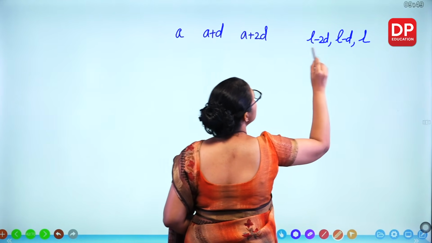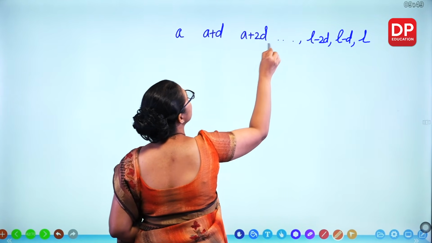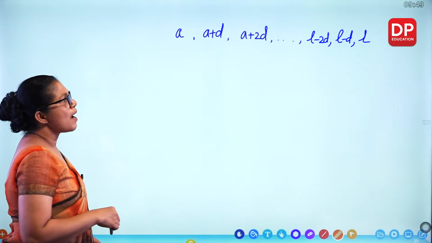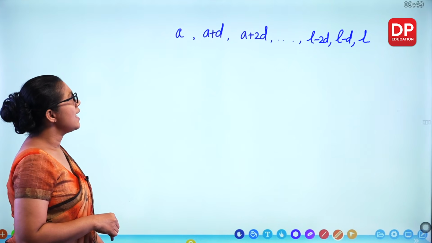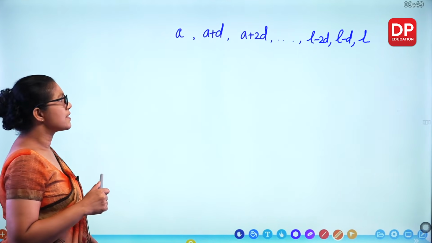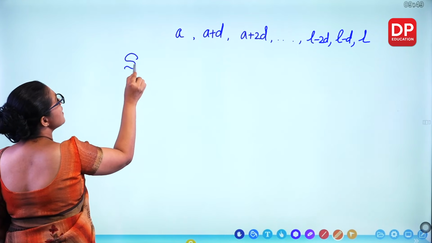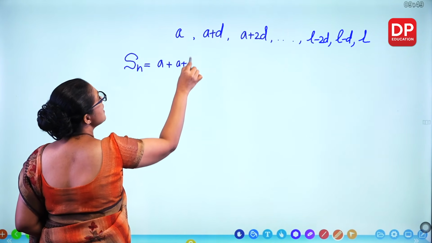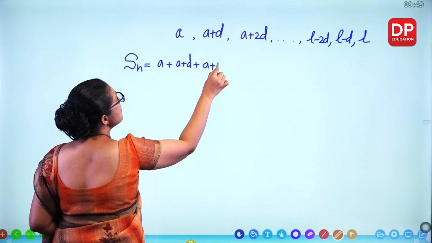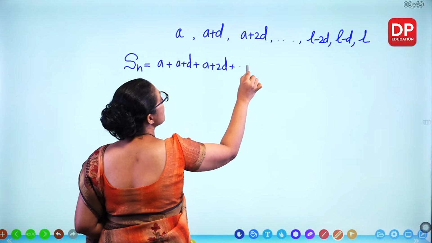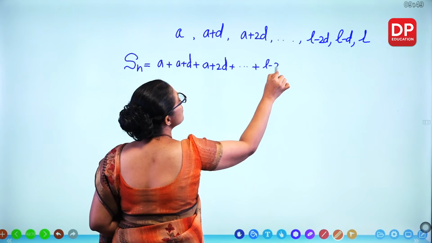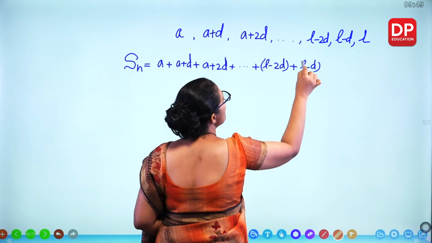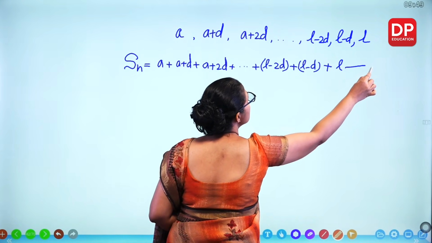So these are the last 3 terms. Now I want to find the sum of all terms, the sum of n terms. I can write Sn equals A plus (A plus D) plus (A plus 2D) and so on, up to (L minus 2D), (L minus D), L. That's my first equation.